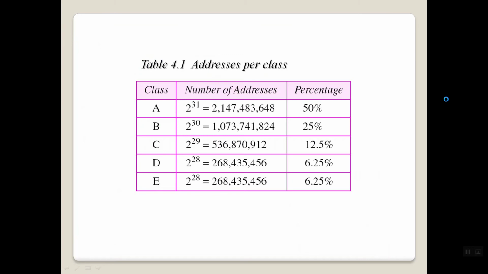A has 2 to the power 31, because in a 32-bit address, 2 to the power 31 addresses are usable. That means 50% of the space. B is using 2 to the power 30, that is 25%. C is using 12.5%, and D and E are each using 6.2%, combined 12.5%, which I have just told you.